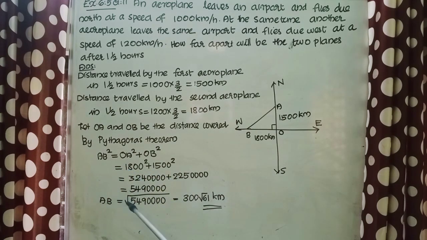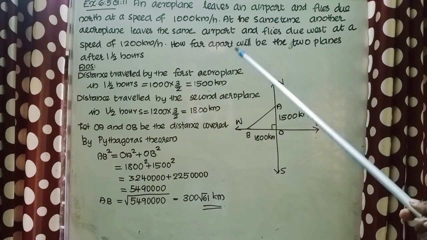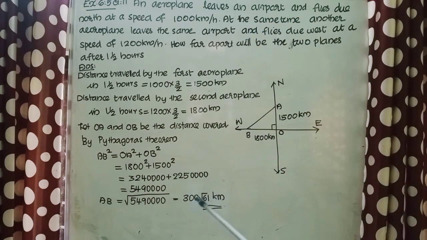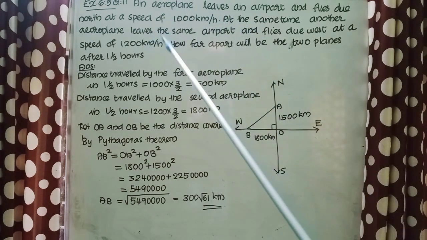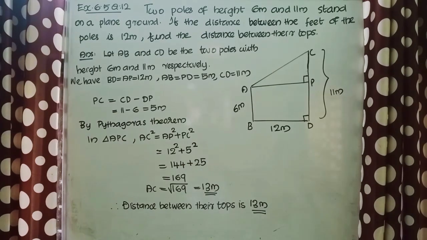So AB equals root of 54 lakh 90,000. By prime factorizing, we get 300 root 61 km. Therefore, the two planes are 300 root 61 km apart after 1.5 hours.